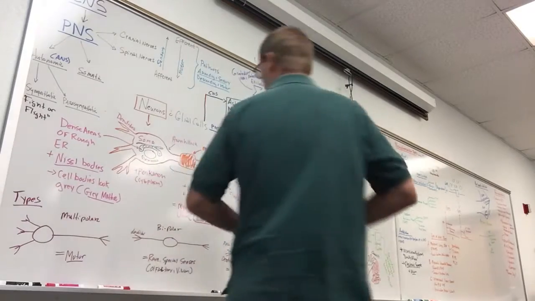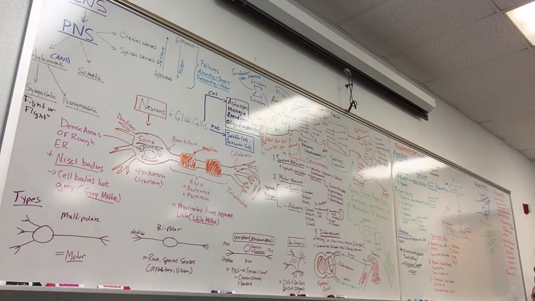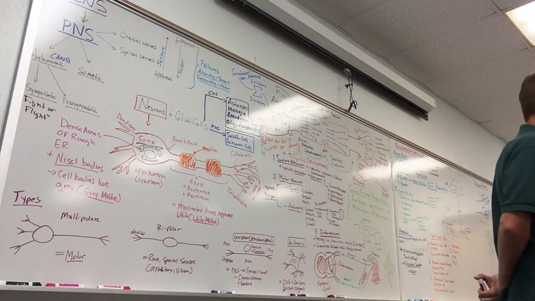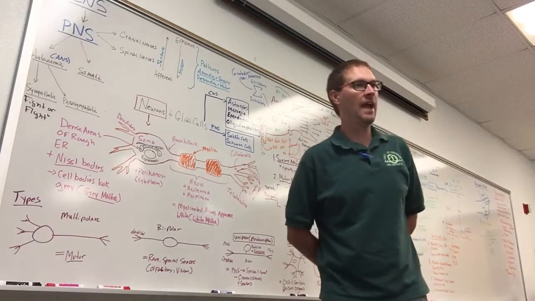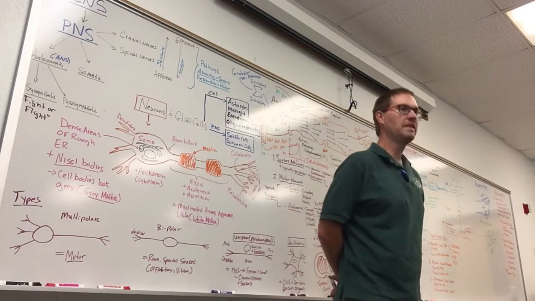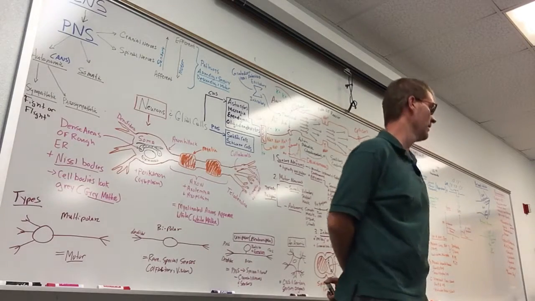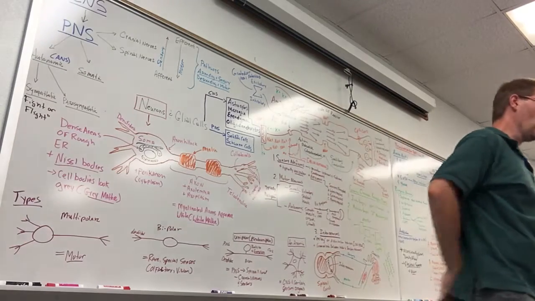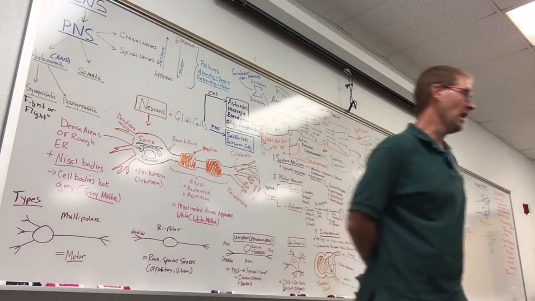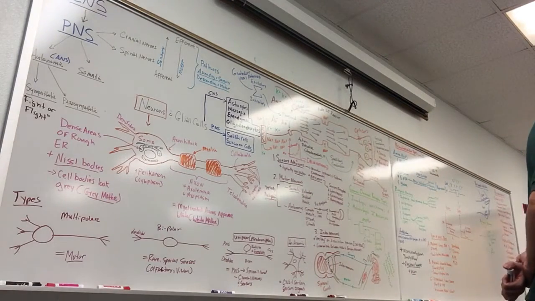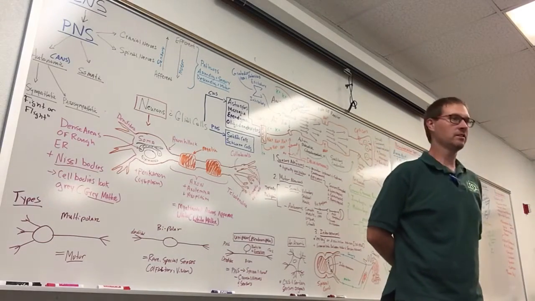This is the information that is concerned with survival, okay, with immediate survival, okay? So if I get shot or I get stabbed, for example, and I start bleeding to death, it is going to be the sympathetic nervous system that's going to increase my heart rate. It's going to cause glucose to increase in my blood so my cells have more sugar. Okay, it's going to increase my breathing rate. Okay, it's going to cause my pupils to dilate so I can see better, so I can escape.